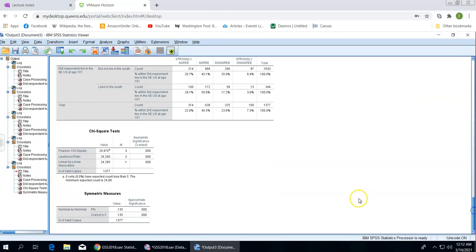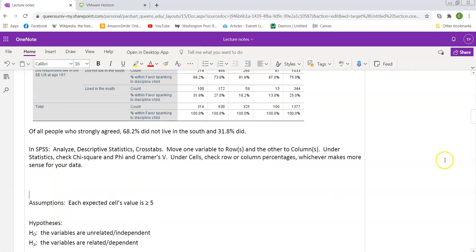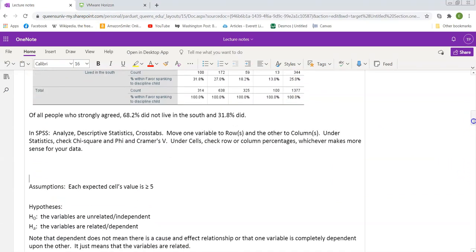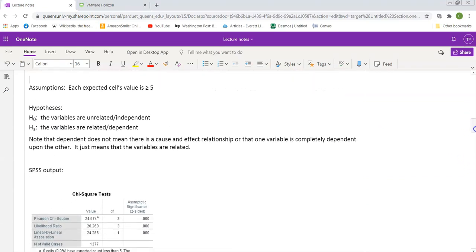But before we can look at this output, let's talk a little more about the test. There is one assumption on the test, and that's that each expected cell has a value of at least 5. I had you watch that video where they talked about observed versus expected, and you need to know that in each of the expected cells, that value is at least 5.